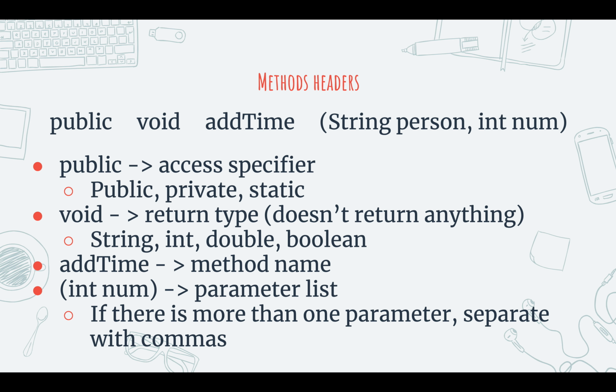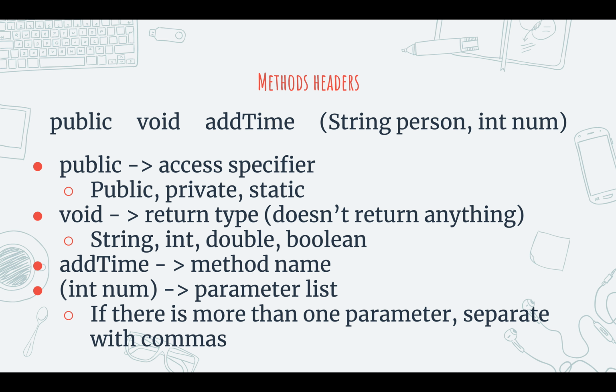And then what's inside these parentheses are parameter lists, otherwise known as arguments. If there's more than one parameter, we should separate them with commas. And this is what the other methods send to this method in order for it to be used in the calculation.